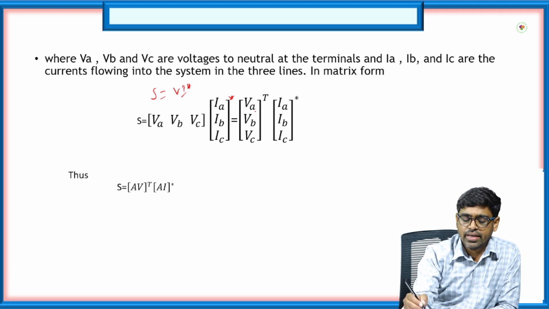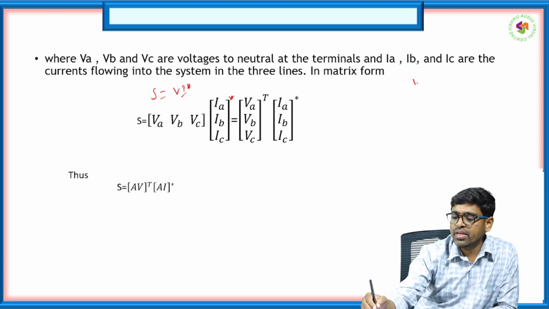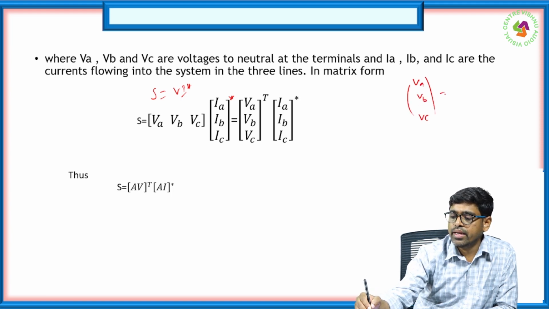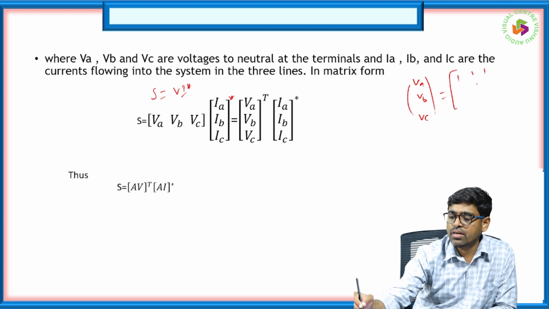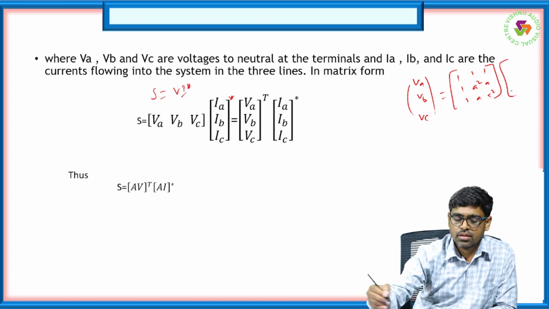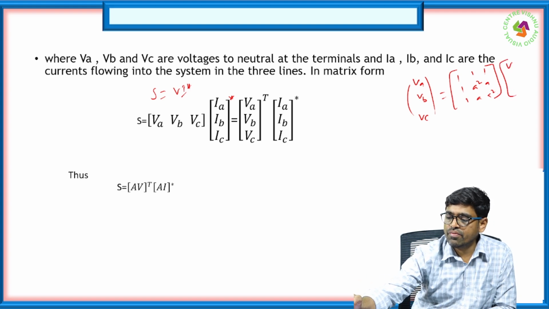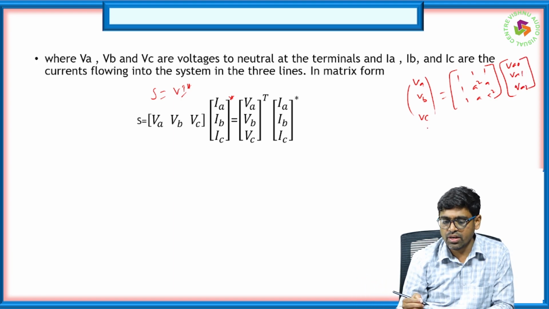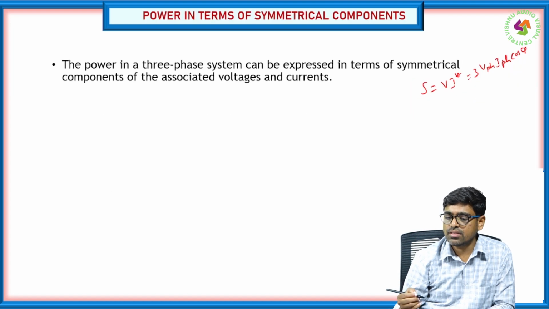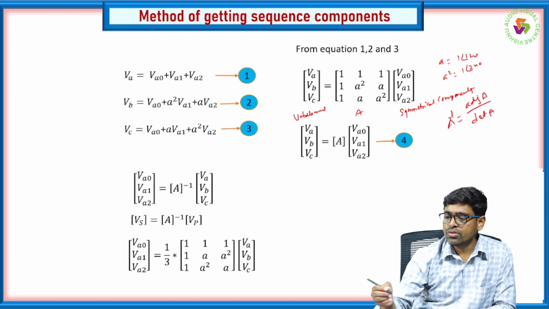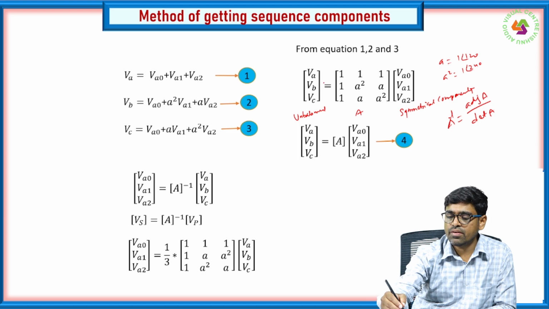We know that VA, VB, VC is A times the sequence voltages, that is 1 1 1, 1 A square A, 1 A A square, into VA0, VA1 and VA2. This is the equation we get for VA, VB, VC.